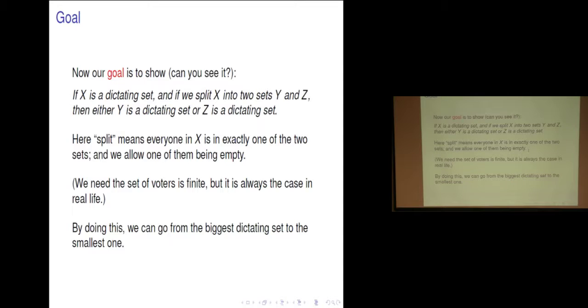Is it clear? For example, suppose everybody here inside the LT is a dictating set, and I want to produce a dictator. How do I produce it? I partition this, and then one of the parts is dictating. I don't know which one. Maybe, for the sake of simplicity, this side is dictating, so there are only 4 persons.